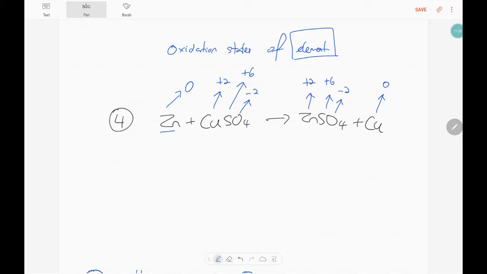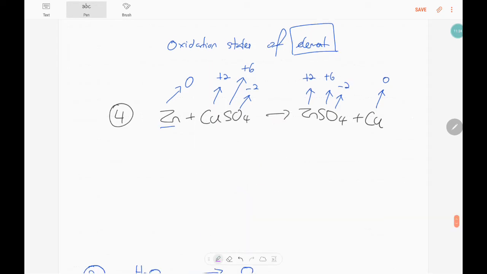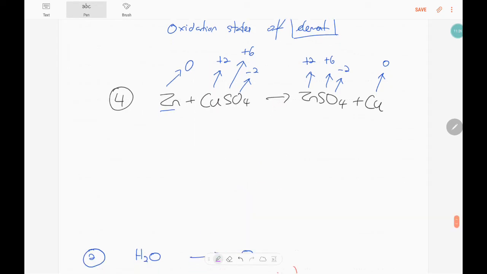Now we can answer the question. Let's start with zinc. So what has happened to zinc? Clearly in this equation, zinc has turned into zinc sulfate. Can't be copper, because it's impossible. So zinc has turned into zinc sulfate. And based on my definition, the oxidation state of zinc over here is 0.